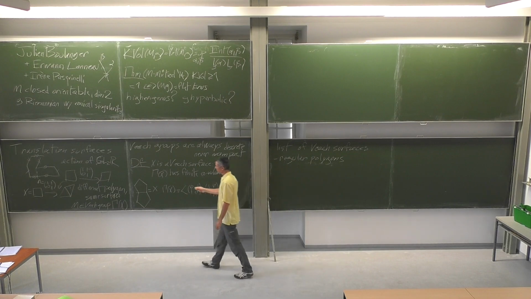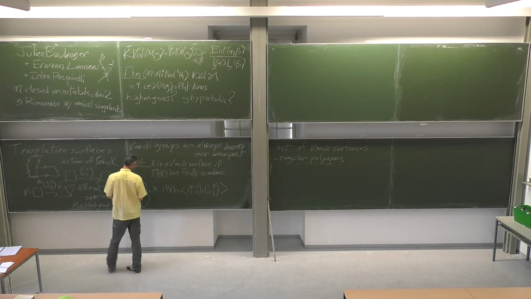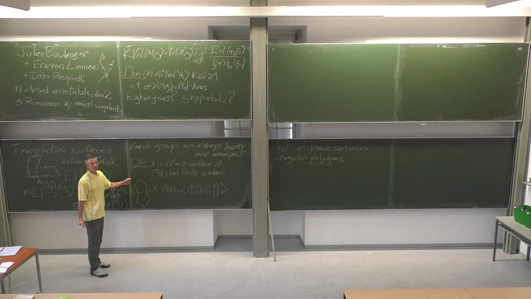Because of course I could also have taken here a regular octagon, and identified its sides in pairs, and I would also get a Veech surface.